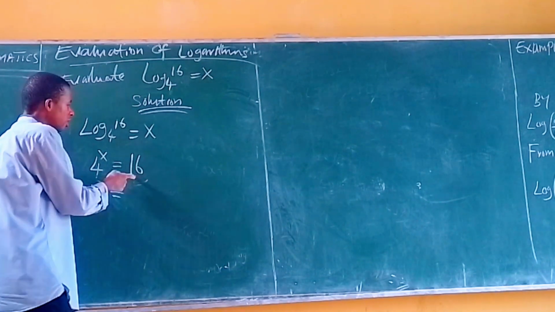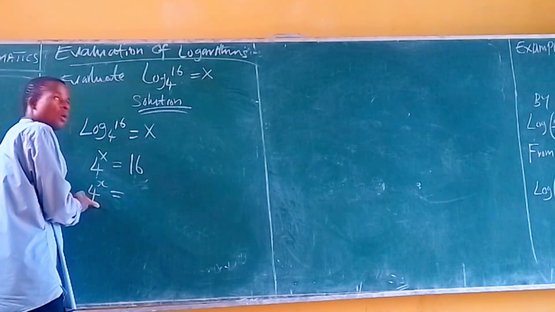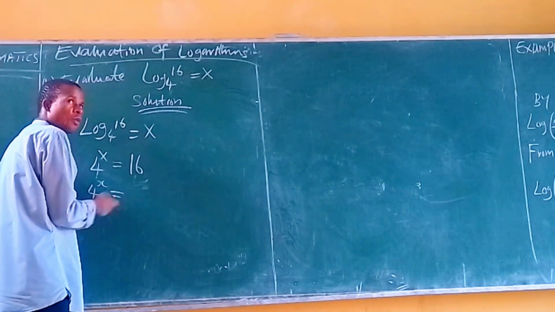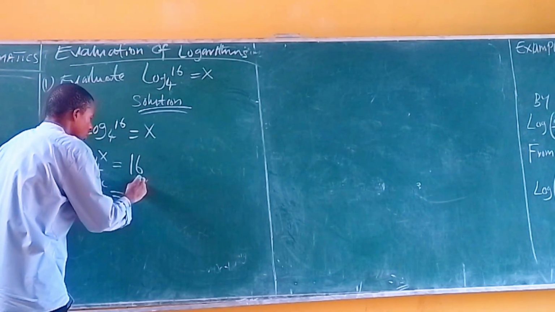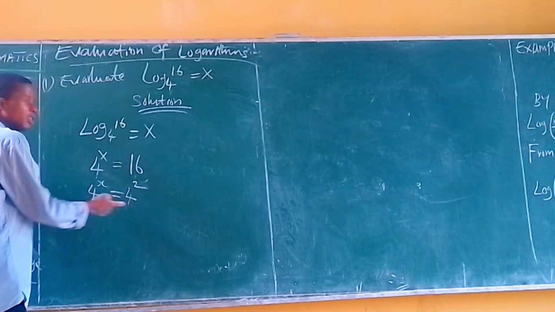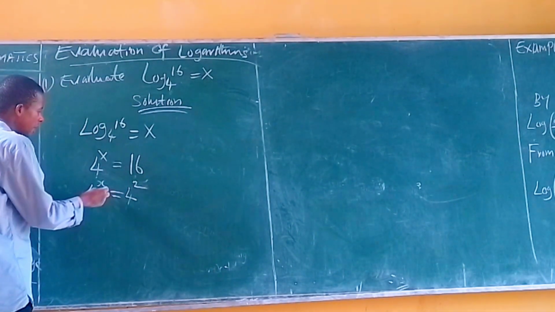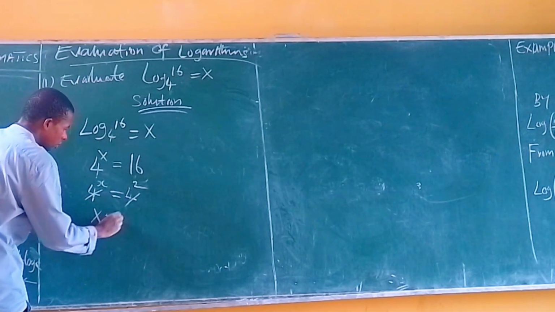Our aim now is to look for a power that has the same common base, 4, right? This is going to be 4 squared, so 16 is 4 to the power 2. Now if you look at this, they have the same base, so the bases cancel out, and our x is 2.